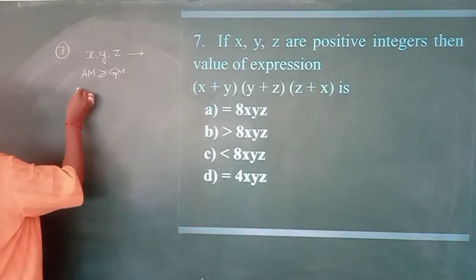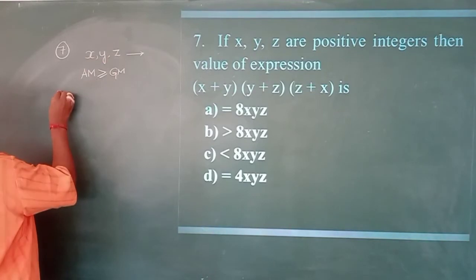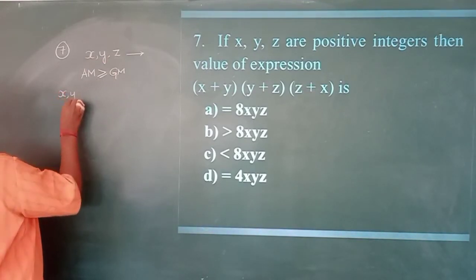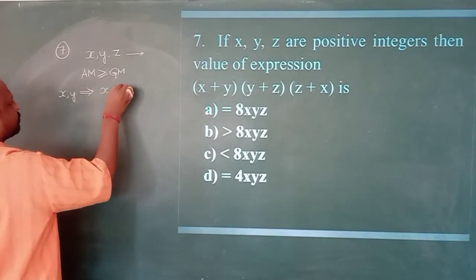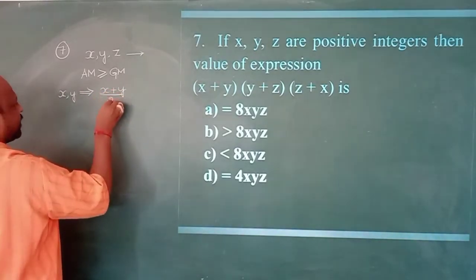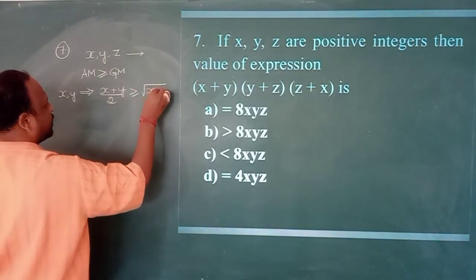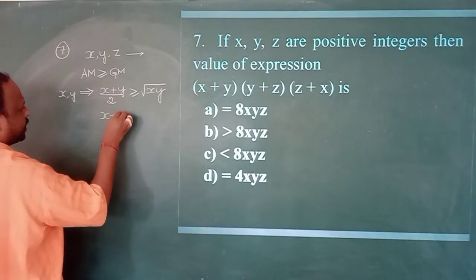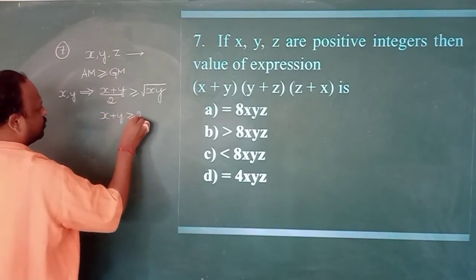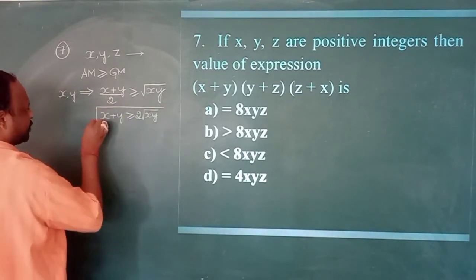Here there are three numbers. If I take x and y, you can write (x plus y) divided by 2 greater than or equal to square root of xy. This will be x plus y greater than or equal to 2 root xy. This is the first expression.